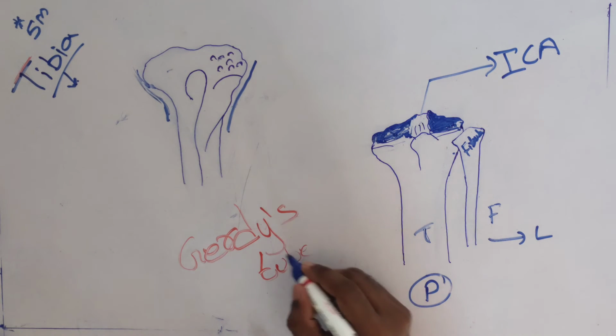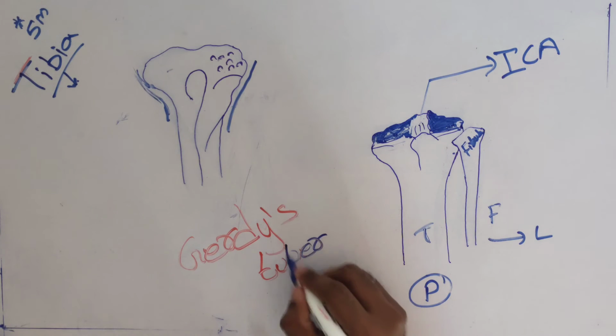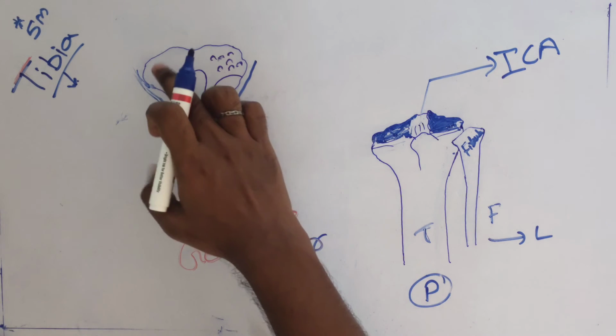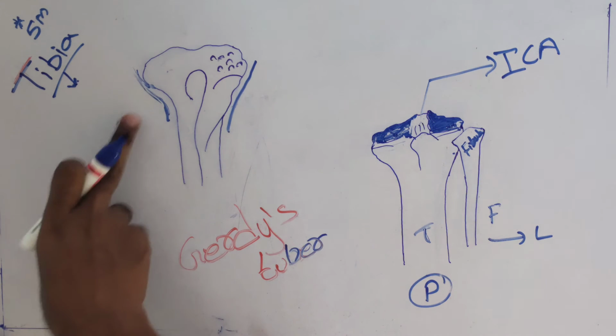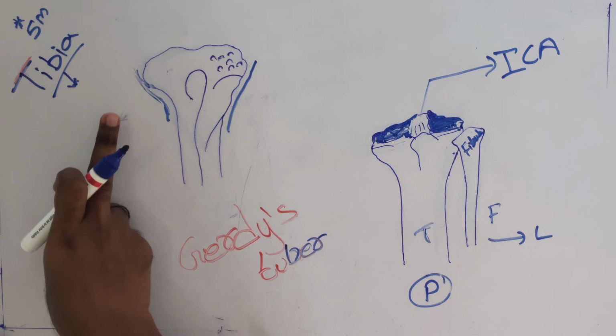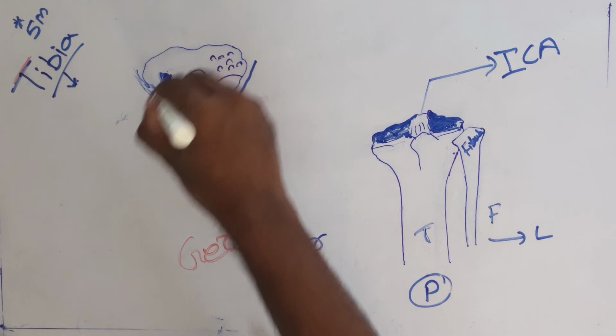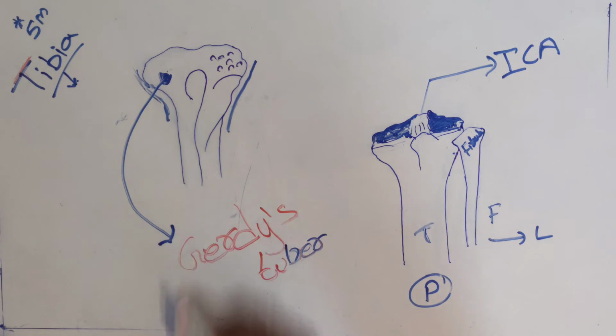I'm sorry about my pen. I repeat again: this is the anterior aspect. The anterior aspect of the condyle bears an impression known as Gerdy's tubercle. This is the impression, this is called Gerdy's tubercle. Okay, this is about the lateral condyle.